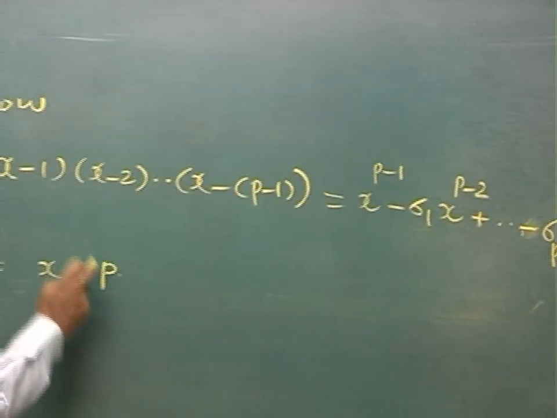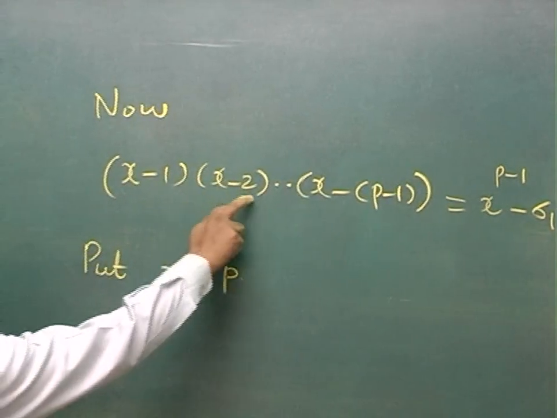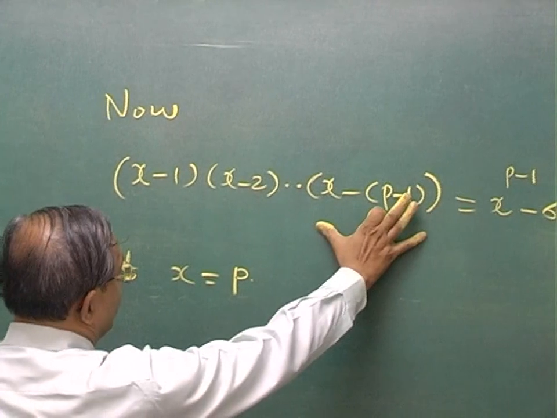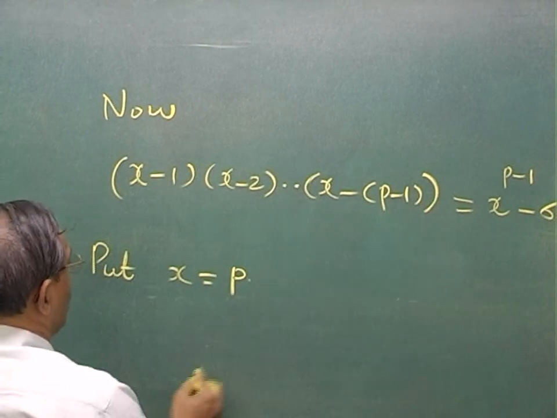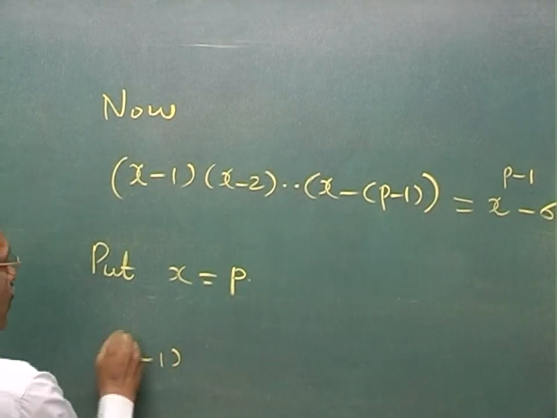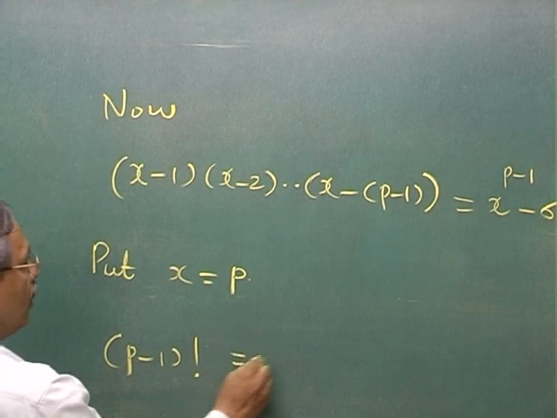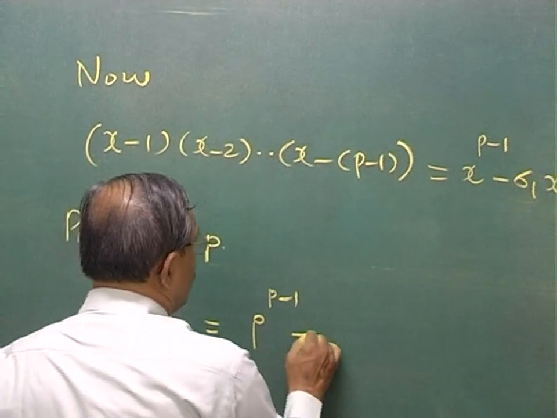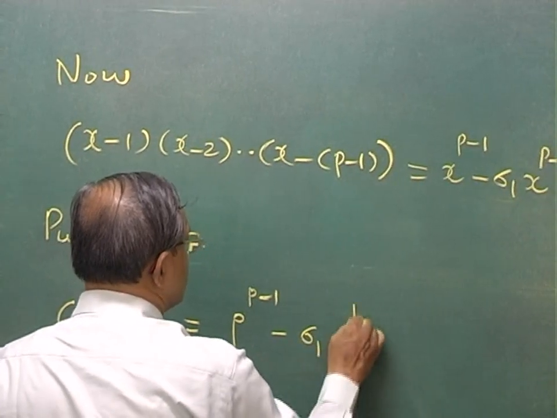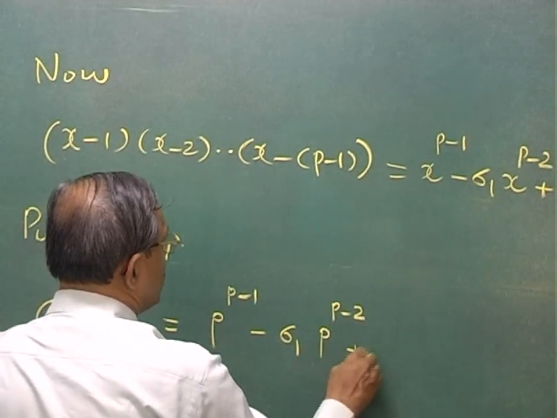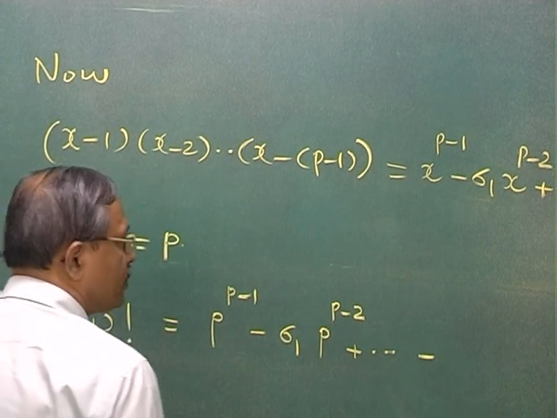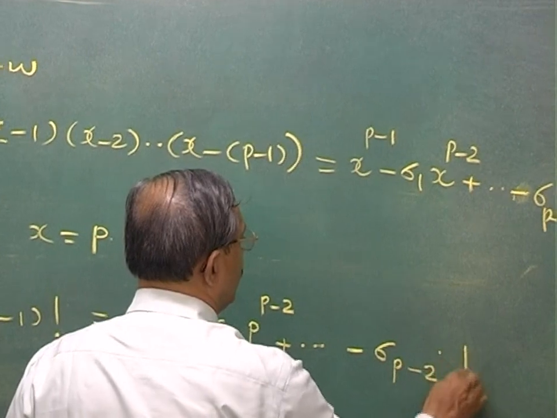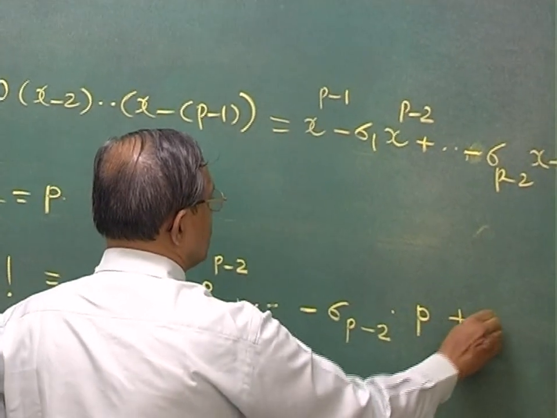If you put x equal to p here, this is p minus 1, p minus 2, etc., p minus of p minus 1, that is 1. So this becomes p minus 1 factorial equal to p raised to p minus 1 minus sigma 1 p raised to p minus 2 plus etc. minus sigma p minus 2 into p plus sigma p minus 1.